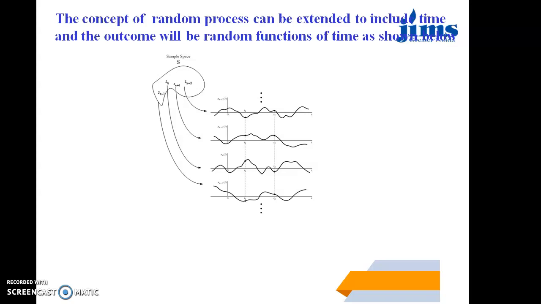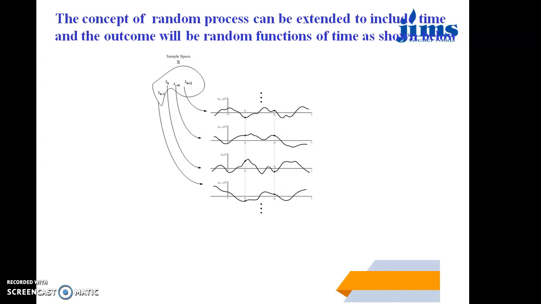For example, consider a random variable such as tossing of a coin or throwing of a die. Tossing a coin is not only a random variable, it is also a process which takes some time. Similarly, throwing of a die takes some time.